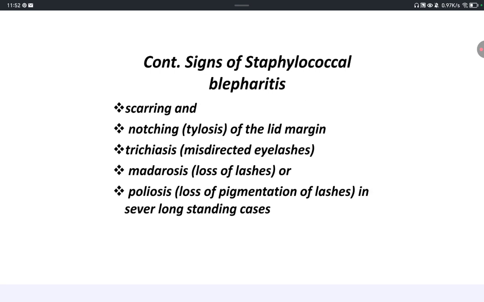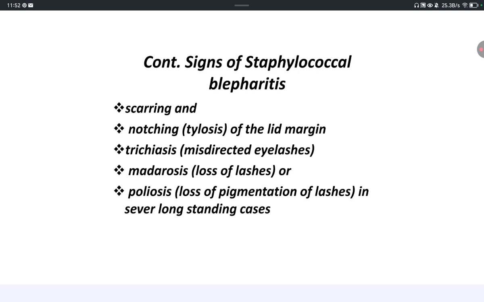Next is scarring and notching. Notching means tylosis of the lid margin. Trichiasis means misdirected eyelashes.